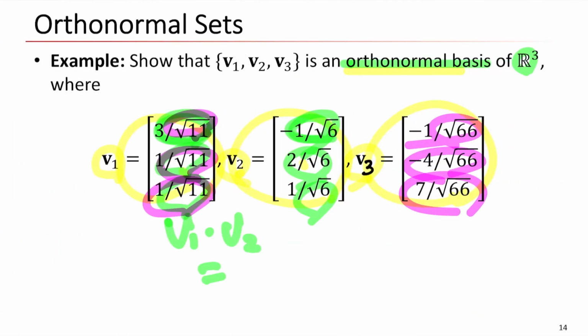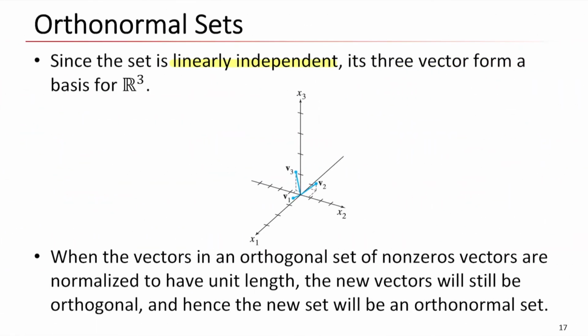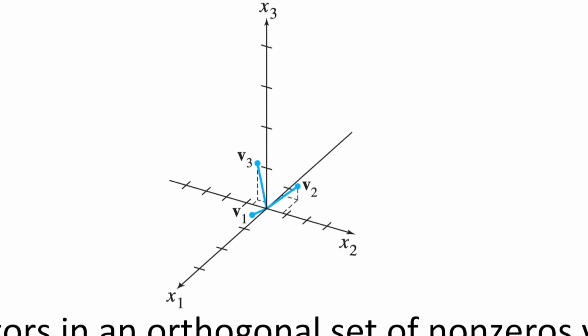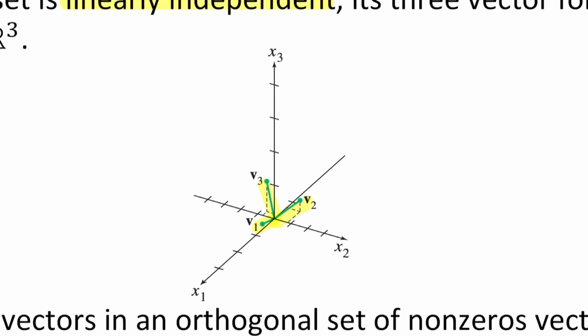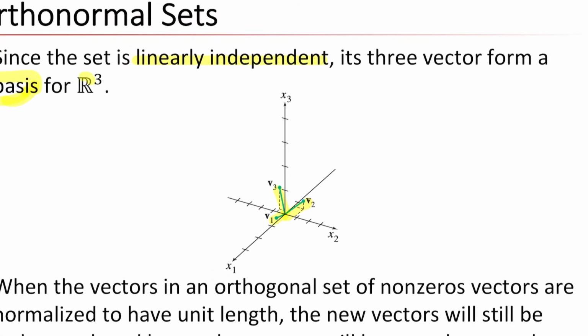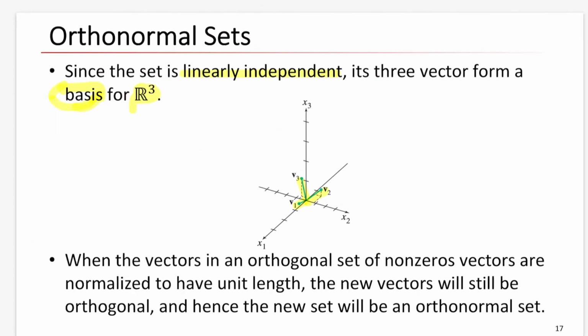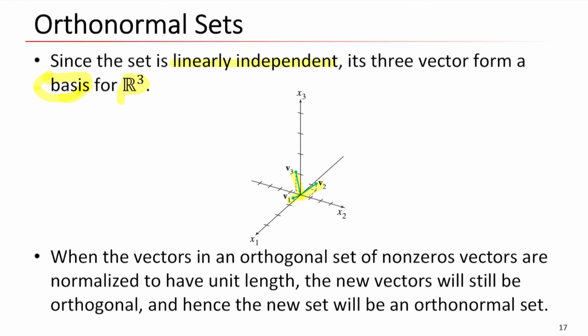So in other words, these three vectors form a basis for the R3 space, because these three vectors are linearly independent.